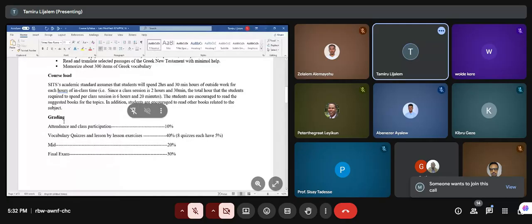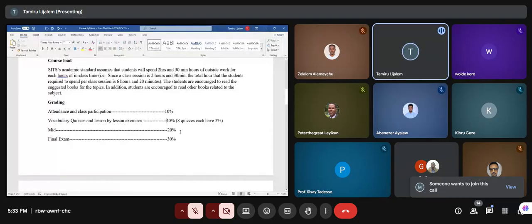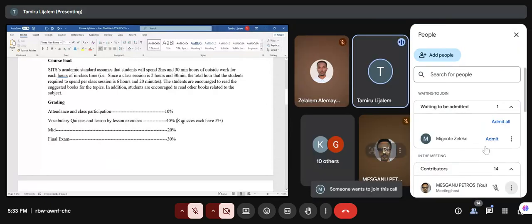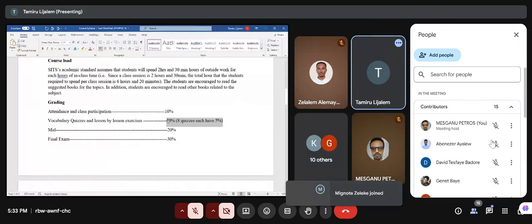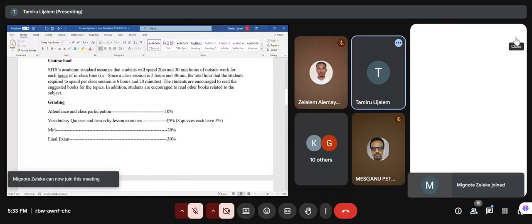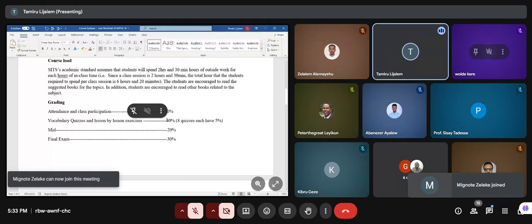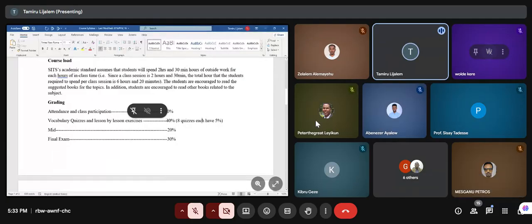The grading: attendance and class participation cover 10%, vocabulary quizzes and the lesson exercises are 40%. 8 quizzes will be prepared, but I will synthesize these 8 quizzes into some level of worksheet, and I will send what we are required to do, because of the nature of the class, because this is online.